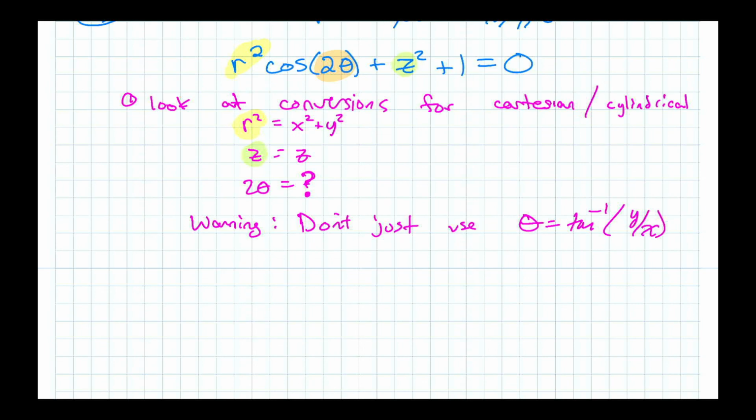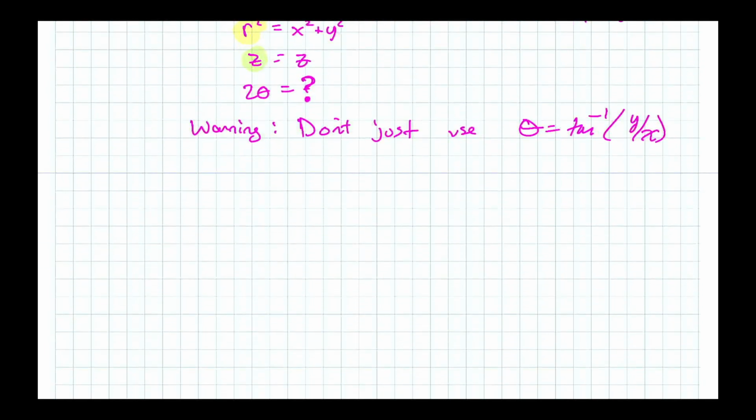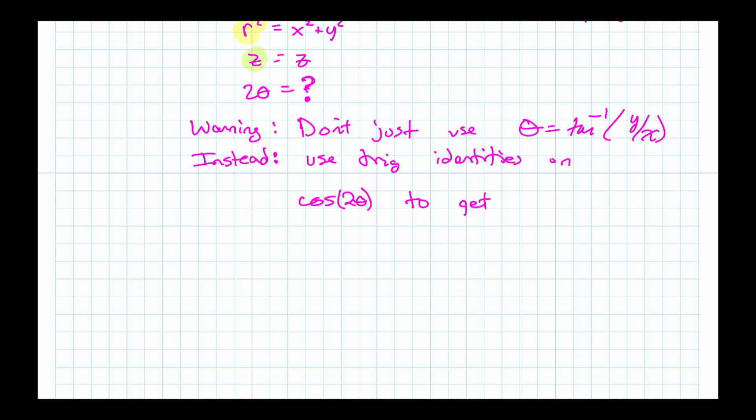Okay. What you want to do instead is actually use trig identities on that cosine 2 theta to get rid of the 2 theta first.